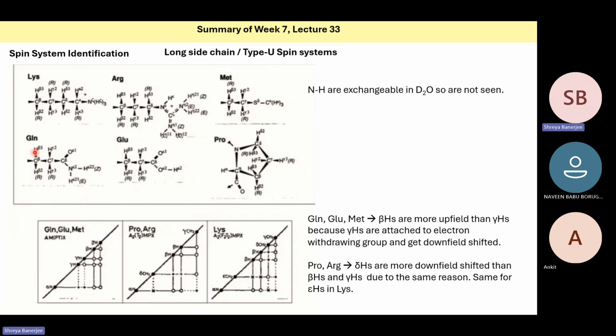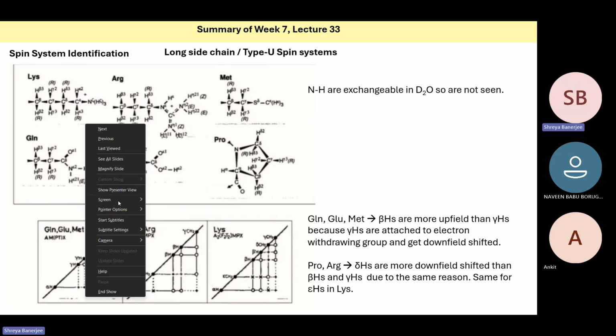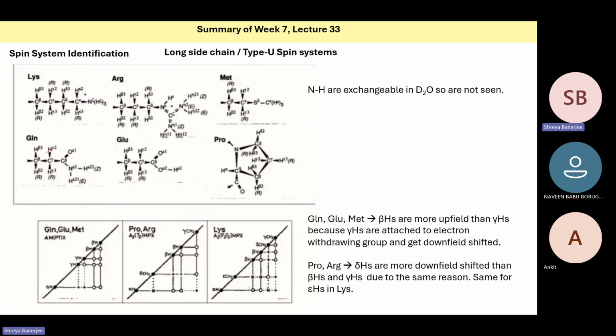Why is that? It is because in gamma, another electron withdrawing group is attached. These are the gamma hydrogens in glutamine, where the electron withdrawing CONH2 group is attached. These are the gamma hydrogens in glutamic acid, where the electron withdrawing COOH group is attached. Similarly, in methionine, these are the gamma hydrogens, and electron withdrawing sulfur is attached. Because of this electron withdrawing effect, the gamma hydrogen is shifted more downfield compared to the beta hydrogen.